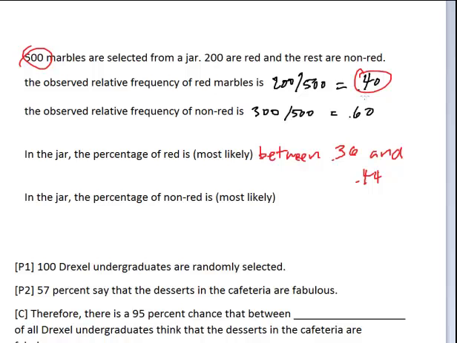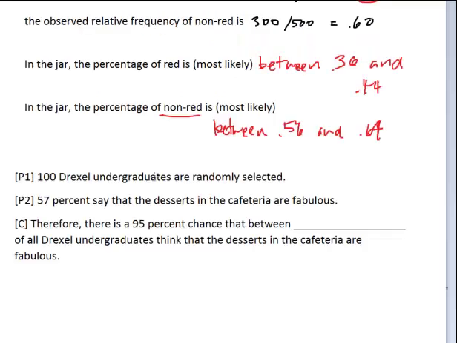We have 0.4 right in the middle, and so our interval is going to range from 36% to 44%. And we do the same thing for the non-red marbles. The percentage of non-red marbles in the jar is most likely between, what do we have here, 0.56, 56%, and 64%. Okay, a little messy, but that's what you got.